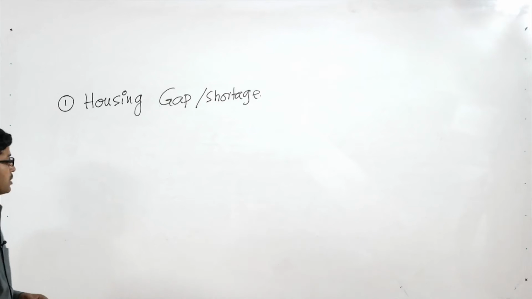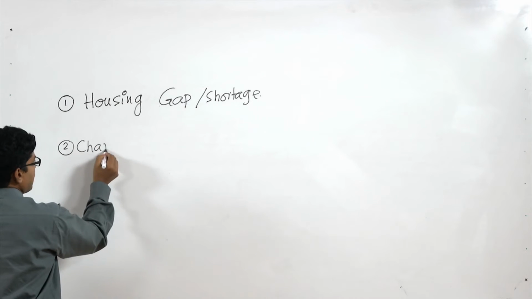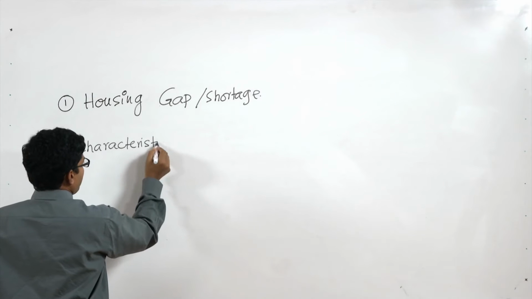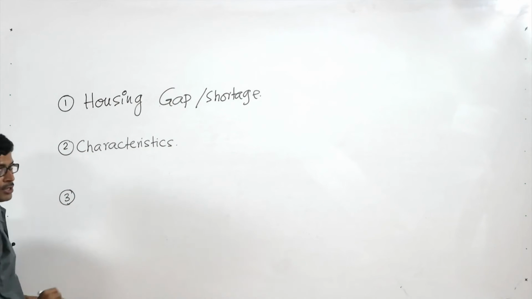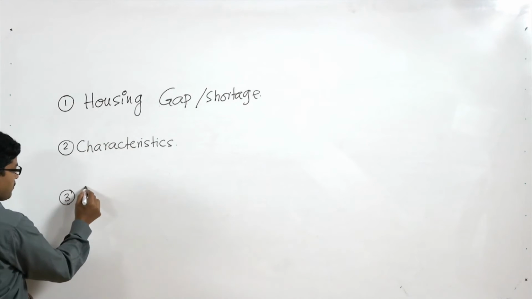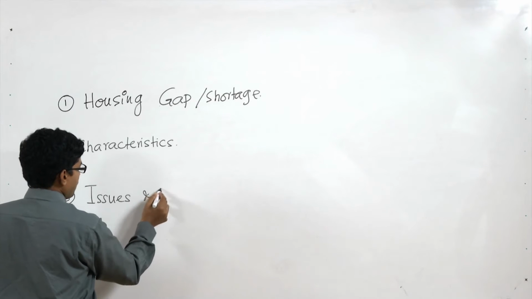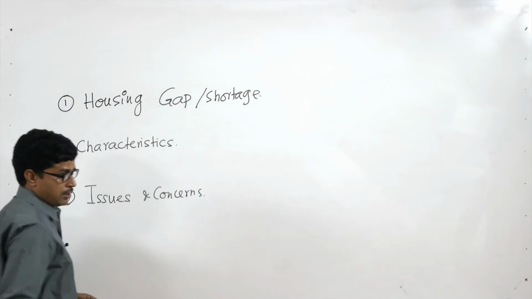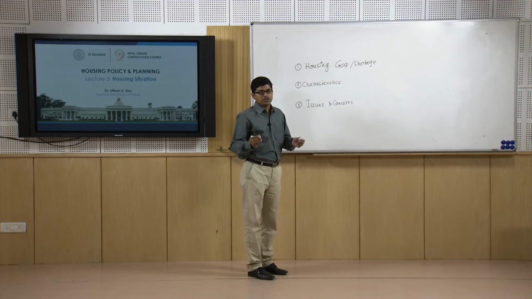Next we will discuss some typical characteristics, and then finally we will discuss a few issues and concerns. Based on these issues and concerns, our whole discussion on housing policy and planning will depend.